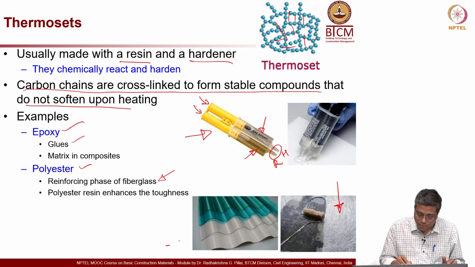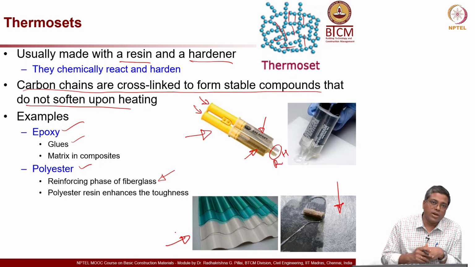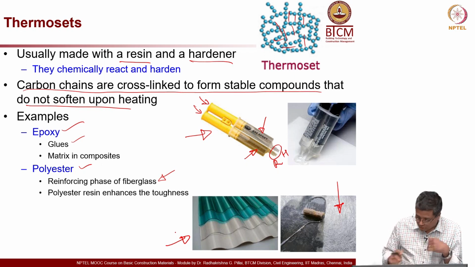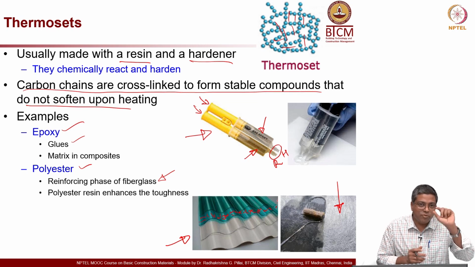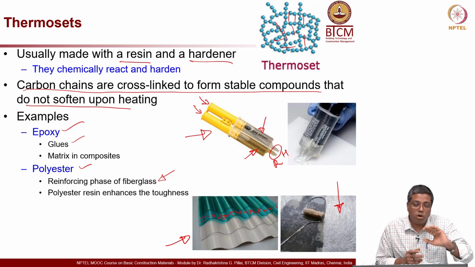In construction, definitely we use that for different types of sheets. In this picture it may not be very clear, but you will have small fibers in all of these. If you look carefully next time when you see a transparent or any roofing material, you might see that there are some fibers present inside, giving a composite behavior.